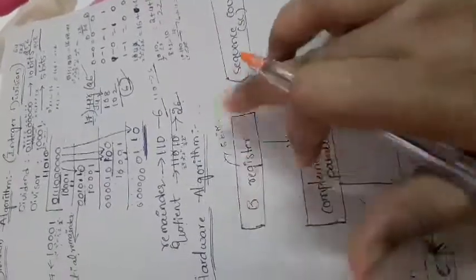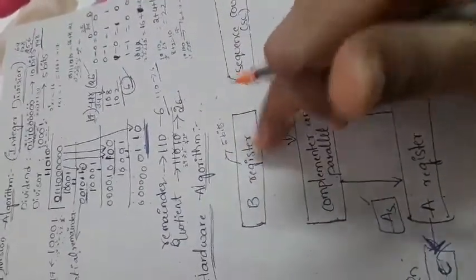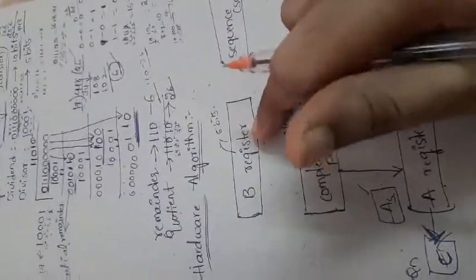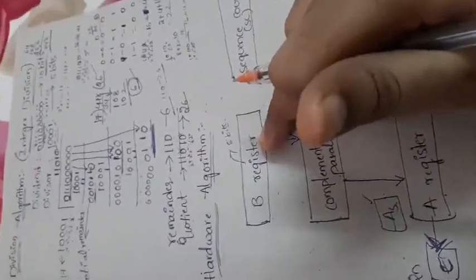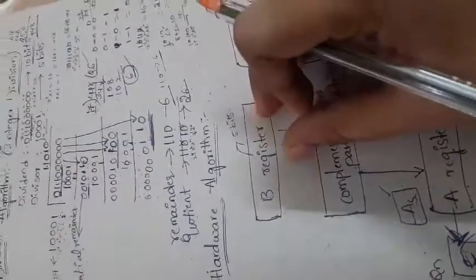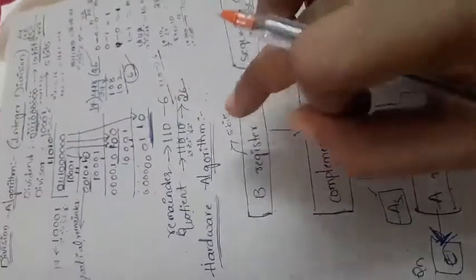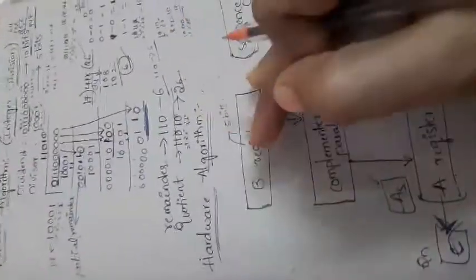If we want to store one more bit after 5 bits are already stored, the capacity is already over, so we will get overflow here. In that case it is not possible to perform the division operation. So that is called overflow.